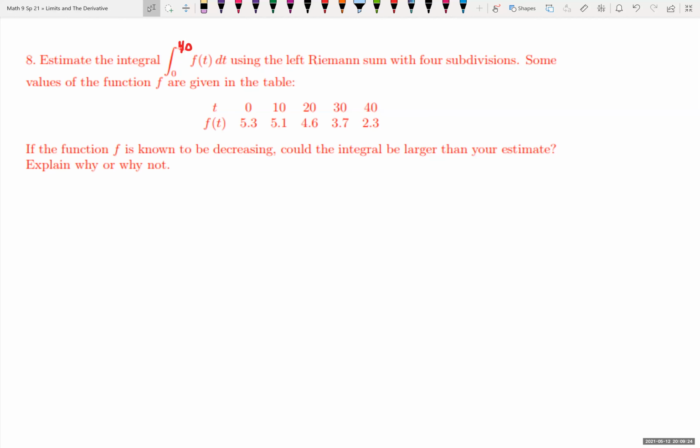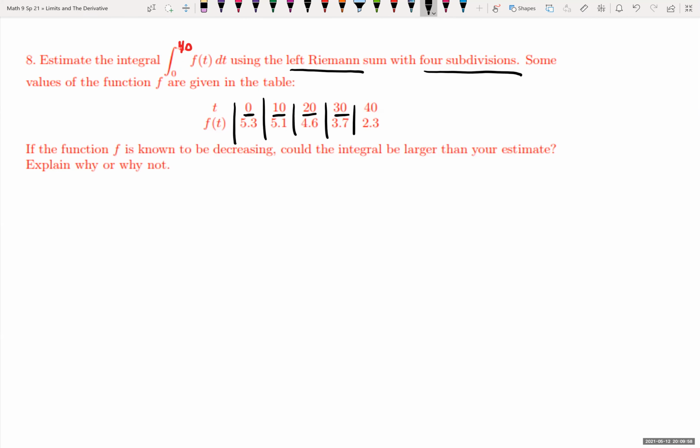Okay, so let's look at how to do this. We're estimating this with Riemann sums. It tells us that we're using the left Riemann sum, and we're using 4 subdivisions. And so we have a table here and 4 subdivisions. So if we look at this as our left, that would be when t is 0, when t is 10, when t is 20, and when t is 30.